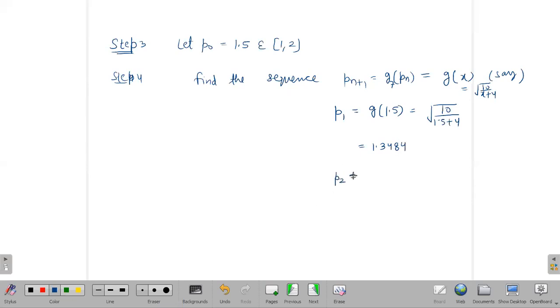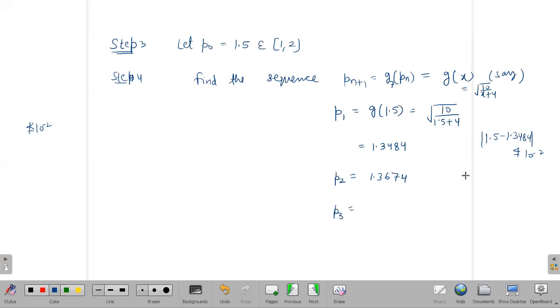Then for p2, if you want accuracy of 10 raised to minus 2, you check 1.5 minus 1.3484. It is not less than your tolerance 10 raised to minus 2. When you find the second iteration, it is 1.3674. I have rounded it to the fourth digit here.